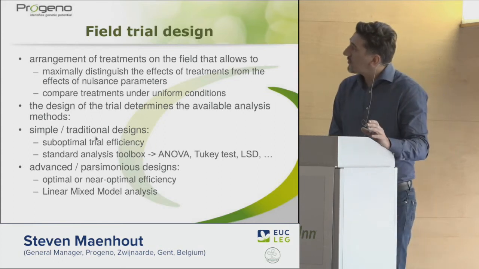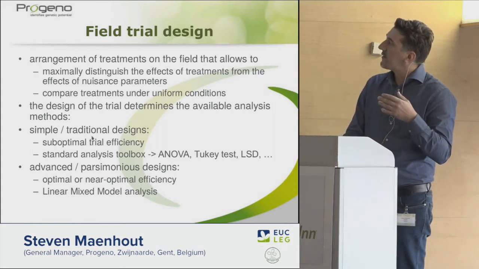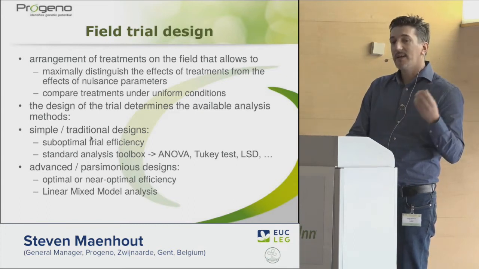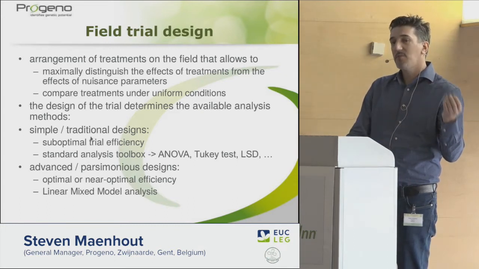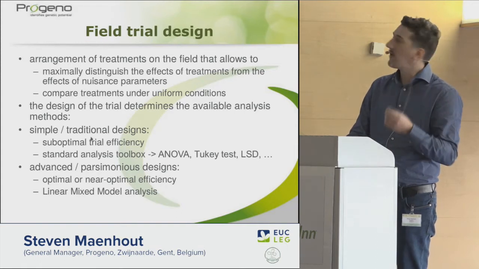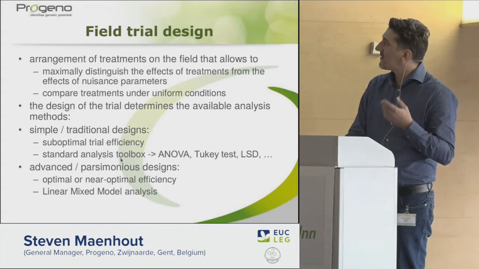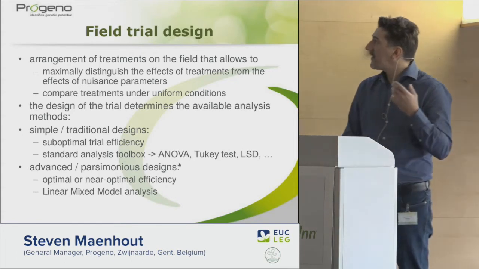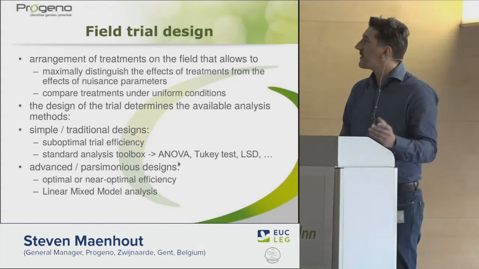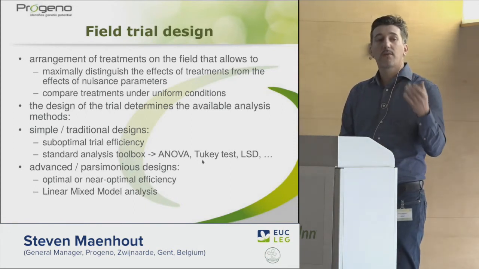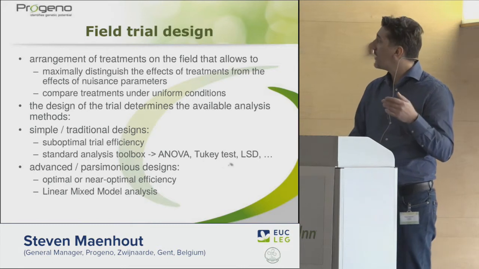But if you use simple balanced designs, meaning that every accession has the same number of plots in your trial, then you can make use of the standard analysis toolbox, which I guess most of you have seen in some statistics course, like the analysis of variance, after which you can do pairwise comparison between your treatments.